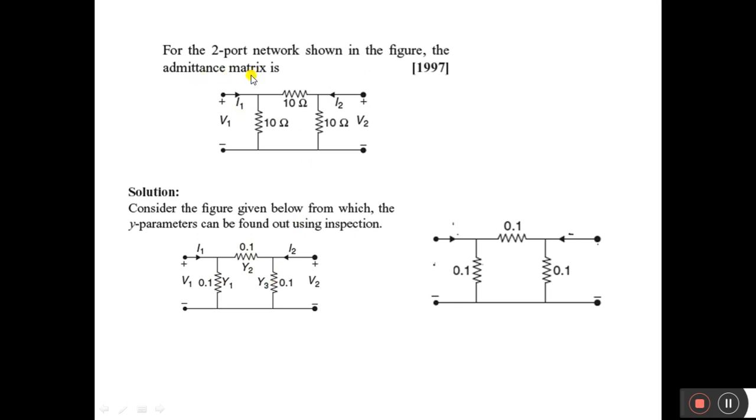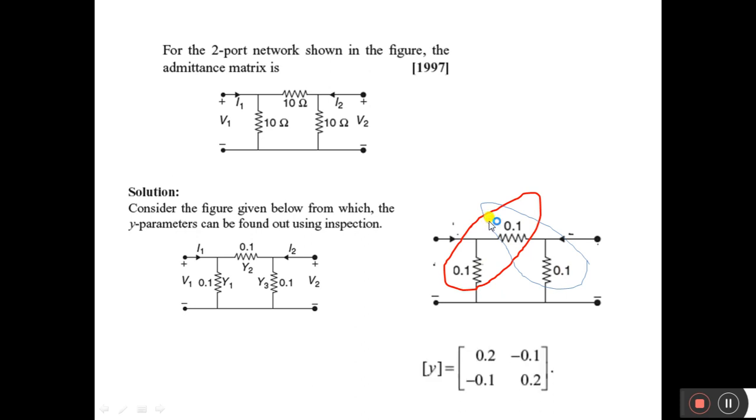Admittance is very easy. Remember, whenever you calculate the Z parameter, the circuit should be in star form. When you calculate the admittance matrix, the circuit should be in delta form. Once you get delta form with Y values, you can directly get the admittance matrix by adding these two for Y11, adding these two for Y22, and this is the common one between Y12 and Y21.